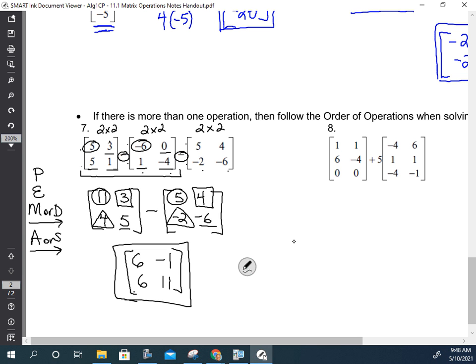Any questions, example 7? And it's not an overly difficult problem. And if you really think about it, you've done harder stuff in this class before.